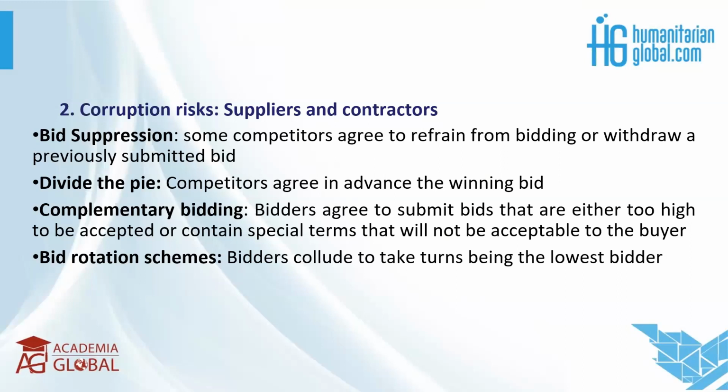So if you enlarge the pool of suppliers, or you change the strategy and decide to do international bidding, then you're less likely to see bid suppression, divide the pie, complementary bidding, and bid rotation, because if you open it to the international market, these suppliers do not know each other, and therefore the chances of colluding against the organization for corruption to occur are low.